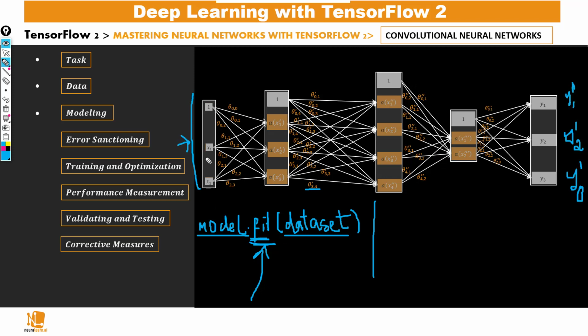Recall that for given inputs x1, x2 and outputs y1, y2, y3, our aim is to update these weights such that when we pass in these inputs into the model, we get an output right here which looks practically the same as these outputs.